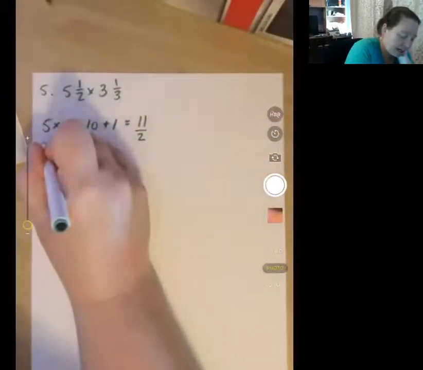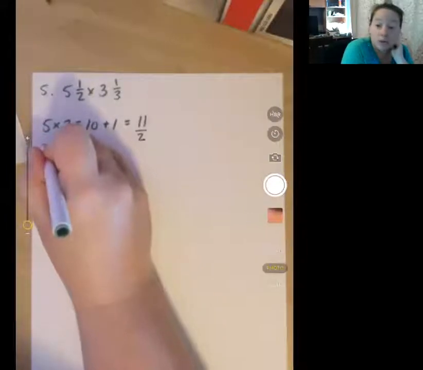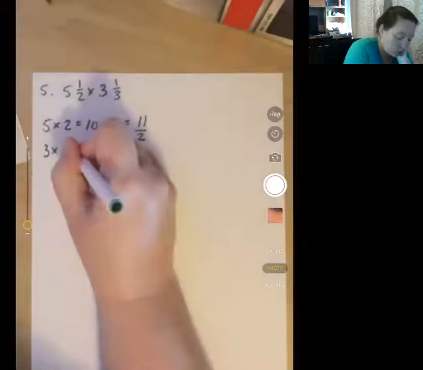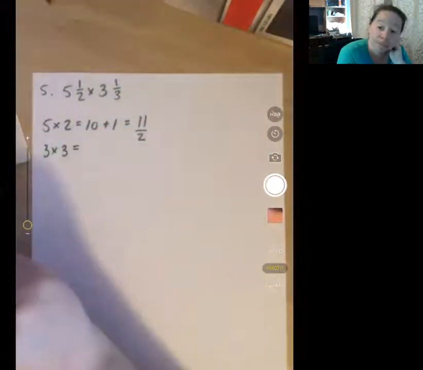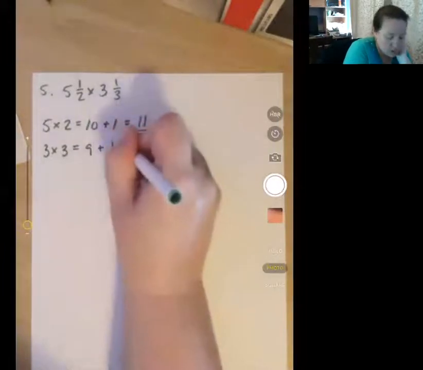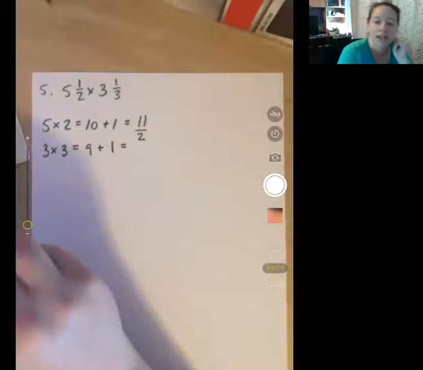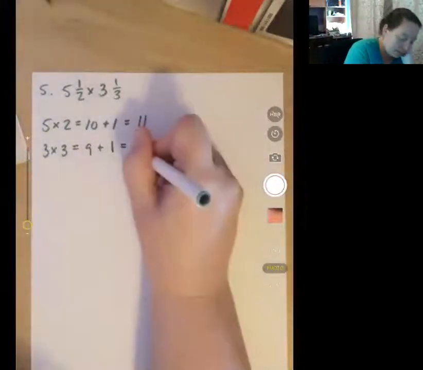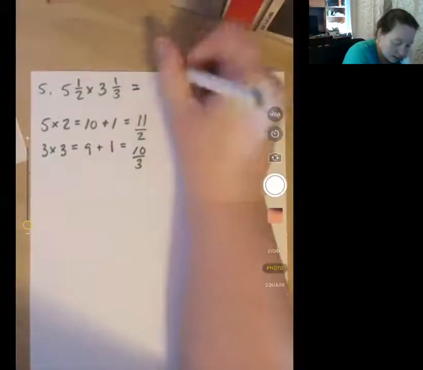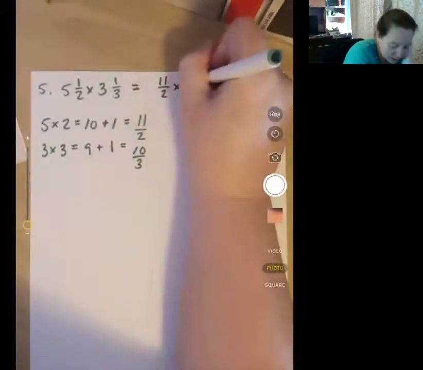And then we have second number, 3 1/3. The whole number is 3 times the denominator, which is 3. So 3 times 3 is 9, plus the numerator, which is 1. 9 plus 1 is 10 over 3. So I then rewrite this as 11/2 times 10/3.